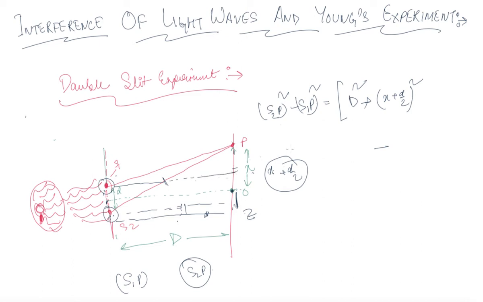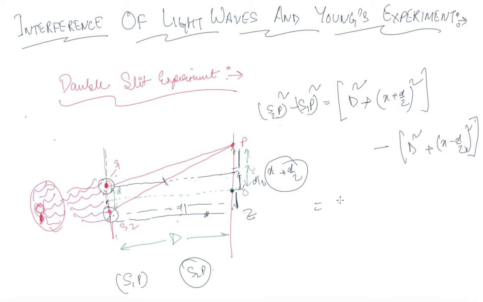So S1P is D square plus, now what is this length? This whole length is x and this length is d by 2. So this particular length will be given by x minus d by 2 whole square. So this is what we have. If I open the bracket, this D square and D square get cancelled out.